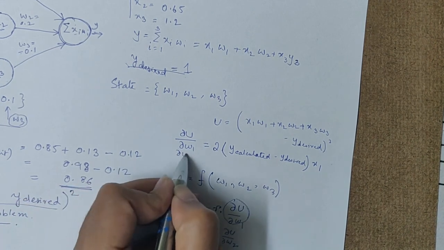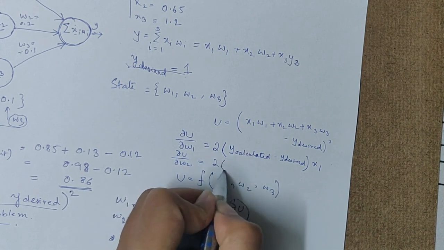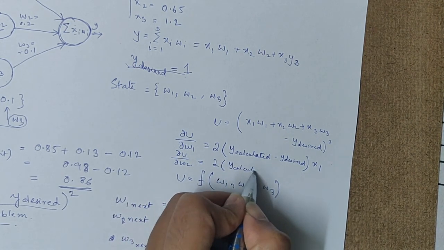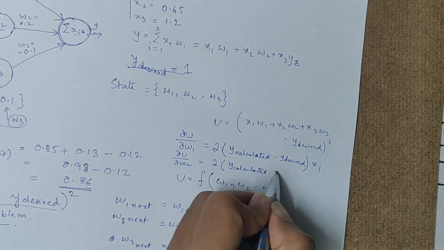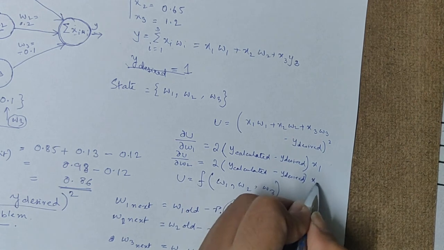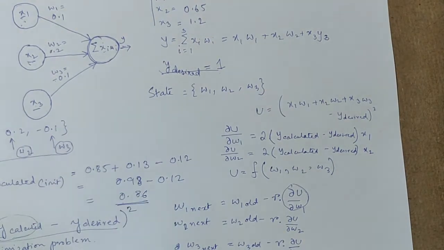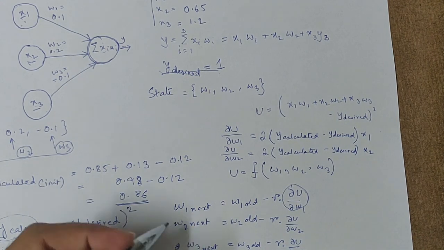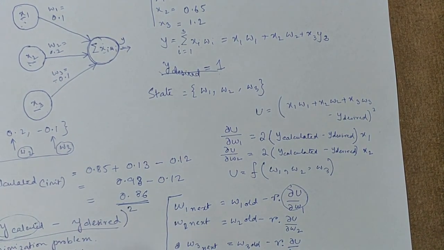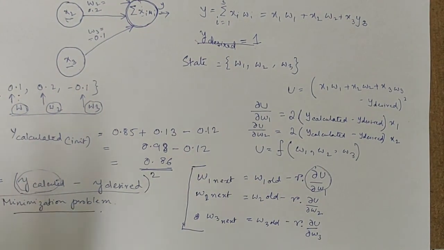Similarly, del u del w2 will be 2 into y calculated minus y desired into x2. Del u del w3 you can also calculate from there. So this is the updation rule of your state, how you will update your state.